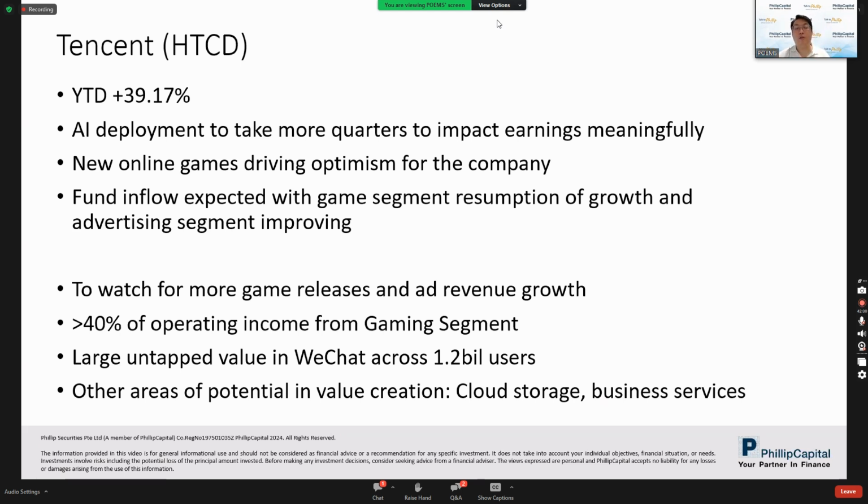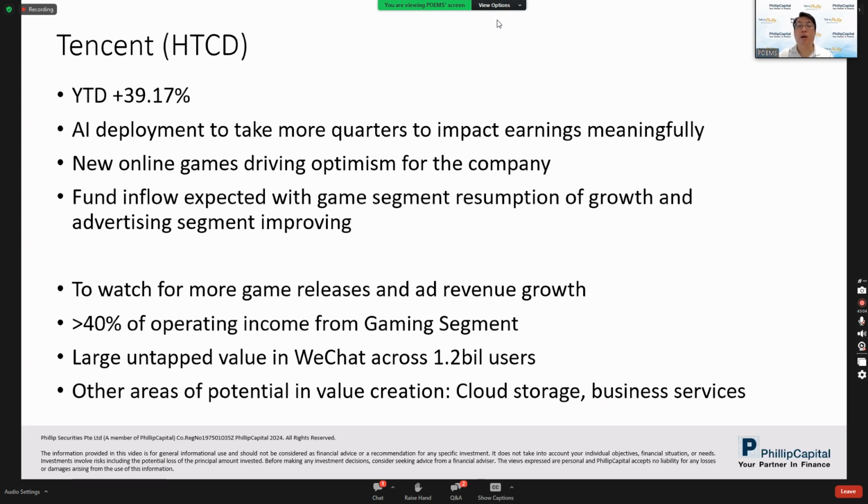Other areas, for example, we mentioned cloud storage for them. A lot of people store through the cloud in China, right? Also in Singapore and overseas everywhere. So cloud storage is an increasingly demanded product. And with one of the biggest networks in China, WeChat, in terms of cloud storage usage, it is very, very easy for them to tap into that industry, because users will just store their data from WeChat directly onto the cloud storage.